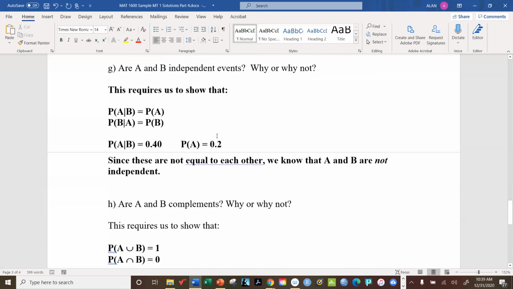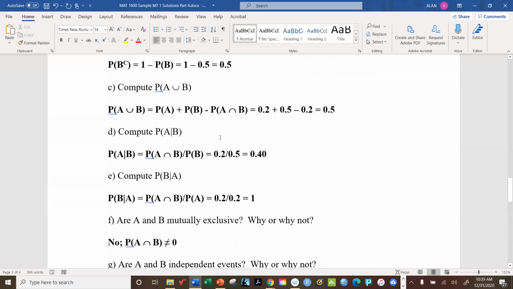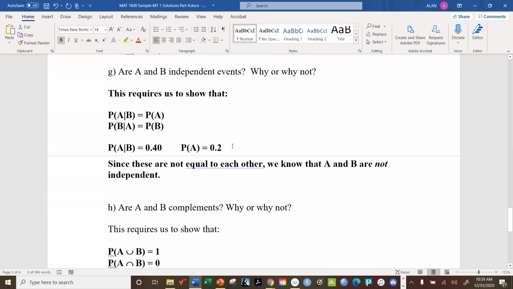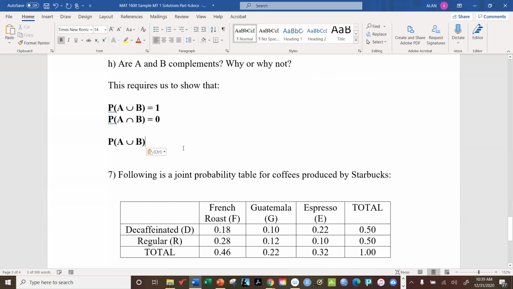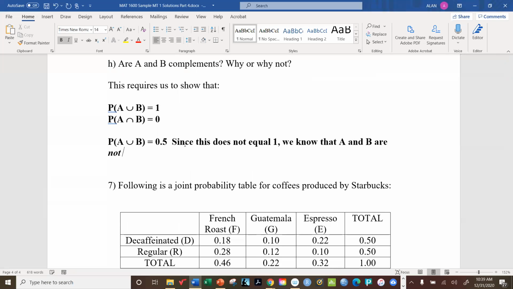So the probability of A union B we showed earlier is equal to 0.5. Since this does not equal 1, we know that A and B are not complements. Okay, already the first condition is false. Therefore, we just stop and we conclude that A and B are not complements. Okay. All right.